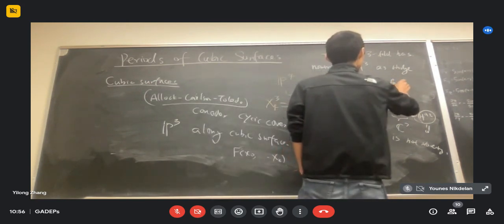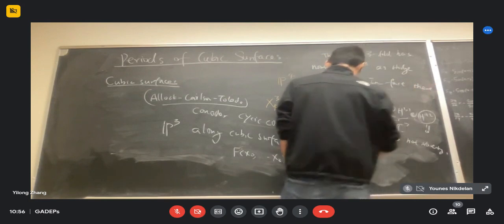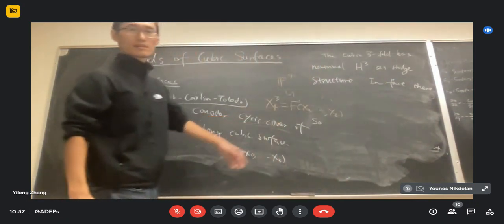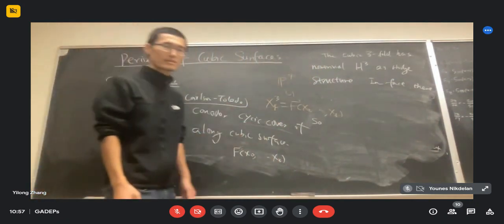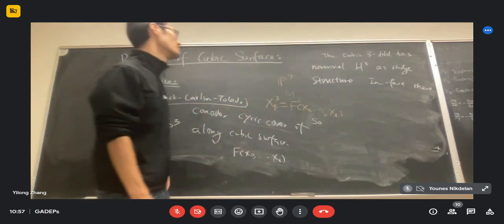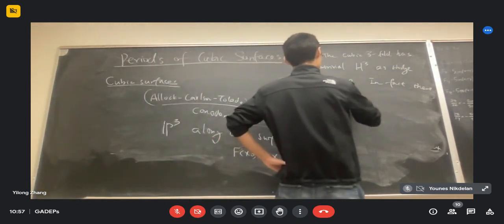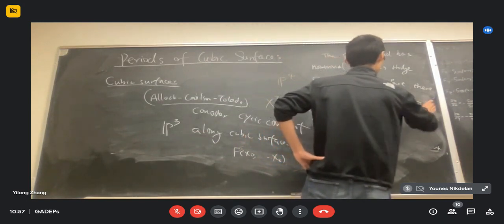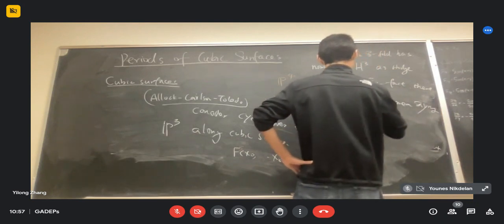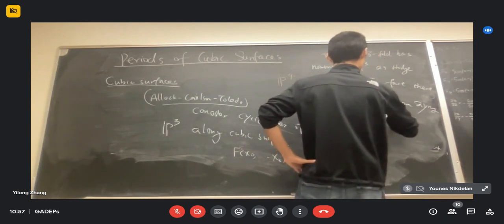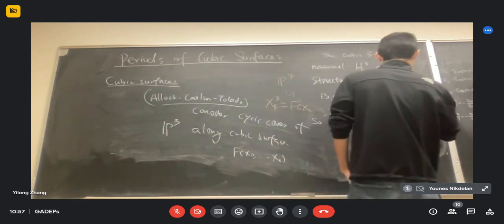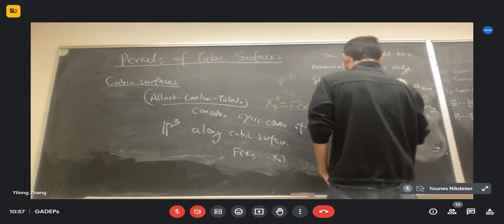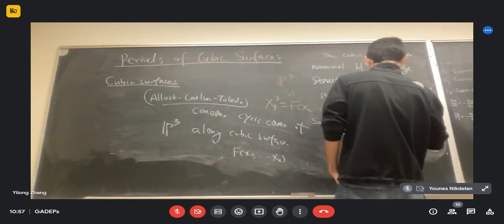In fact, there is a Torelli theorem which says that the Hodge structure of a cubic threefold uniquely determines the cubic threefold. There's a Torelli theorem saying the Hodge structure H3 determines the cubic threefold.